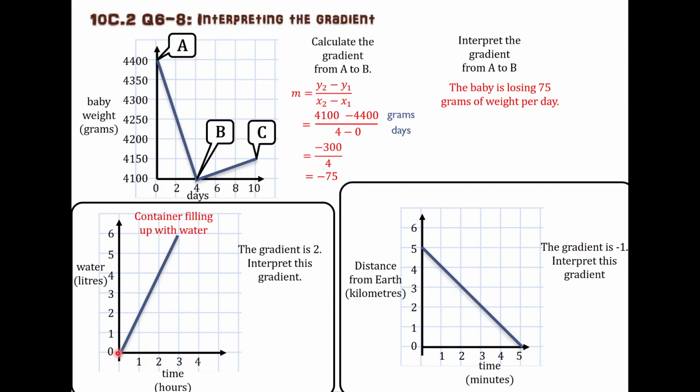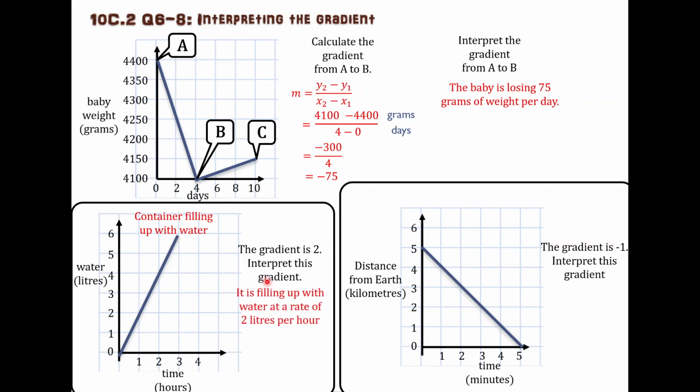It starts with 0 litres in it, it starts empty, and then after 1 hour, there are 2 litres in it, after 2 hours, there are 4 litres in it, and so on. You can actually see that the gradient is 2, because for every 1 increase in time, the y-axis goes up 2. So that's why the gradient is 2. For each square we go across, we go up 2.